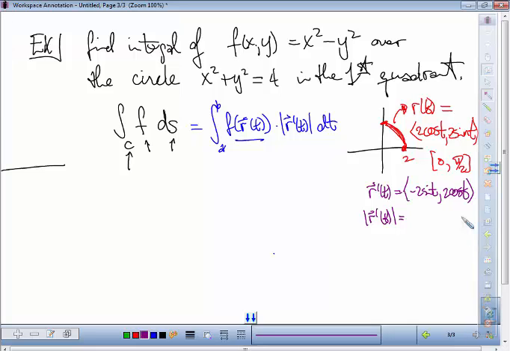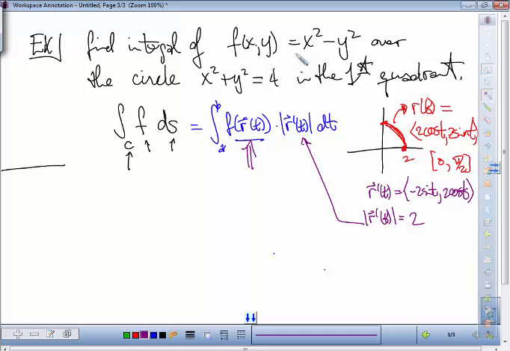Can I just say 2? Okay. So it's the square root of each of these components, quantity squared. There's a lot of steps here that I'm going to skip. All right. So that's the r prime part.